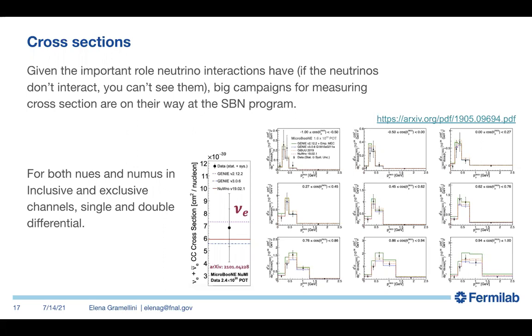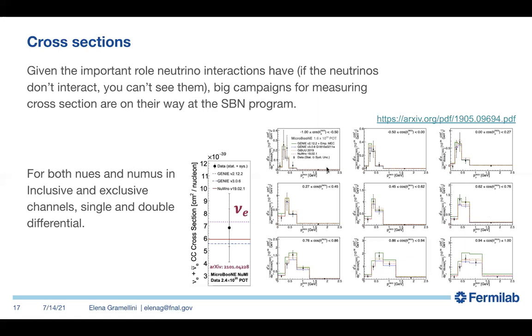So with your cross-section, you can measure the probability of interacting, and you can ask different questions. That's what I'm trying to say. You can ask how many nu mu's are interacting, or you can also ask how many nu mu's of this particular momentum are interacting in my detector.